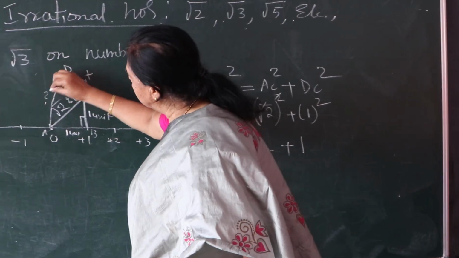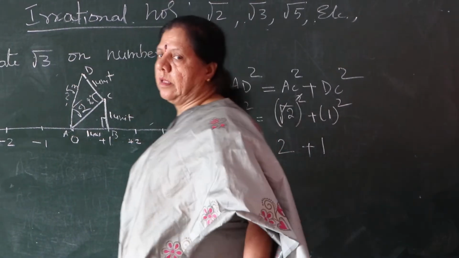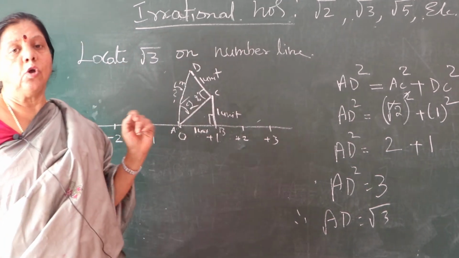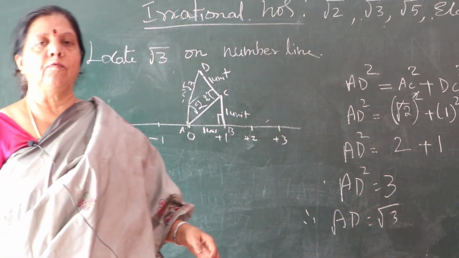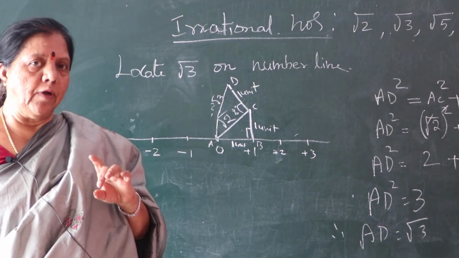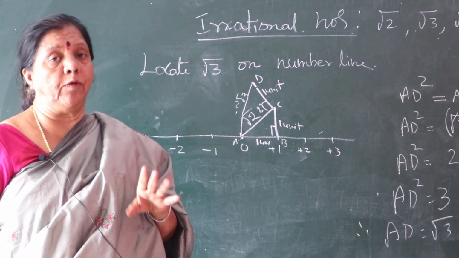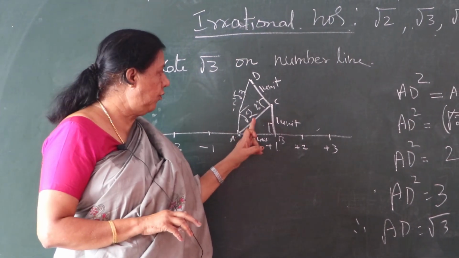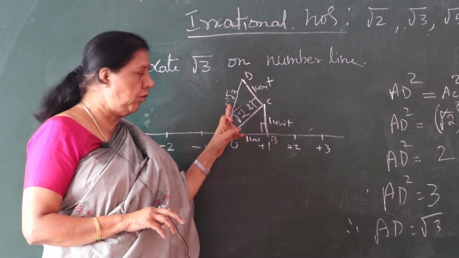Number line, this is √3. Locate on number line, this is √3. So this is the way you have to find out in your exercise. They have given √5. For √5, you have to find out √2, you have to find out √3.